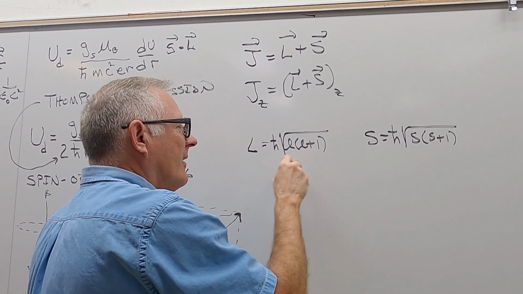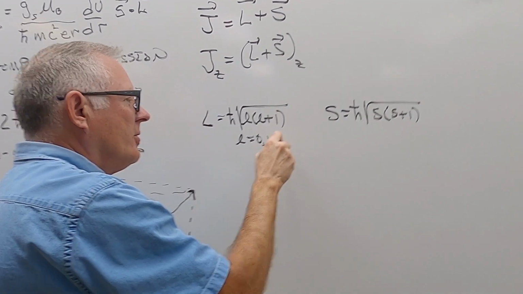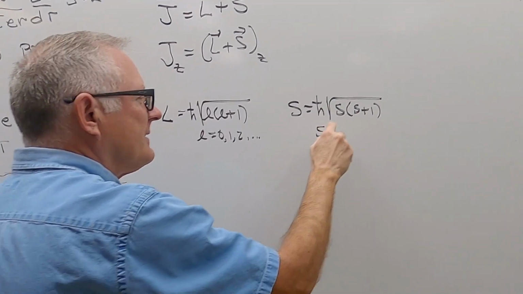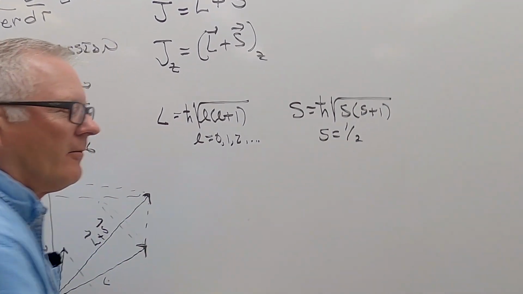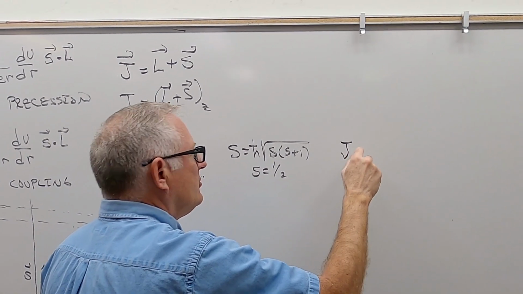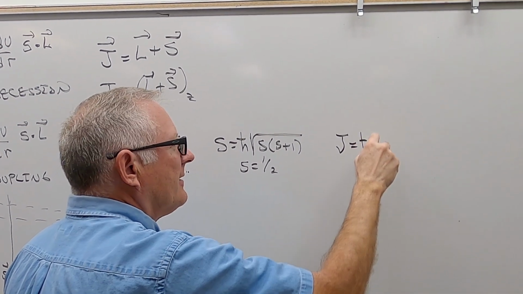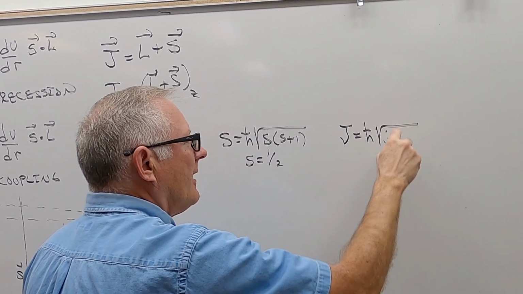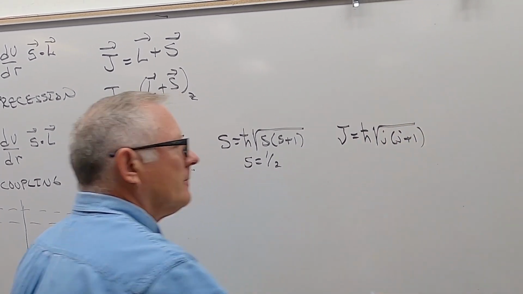Here we said L could be 0, 1, 2, and so on. Here we said S can only be one value, 1/2. But now we're going to also have J, and J is equal to ħ times the square root of J times J plus 1.